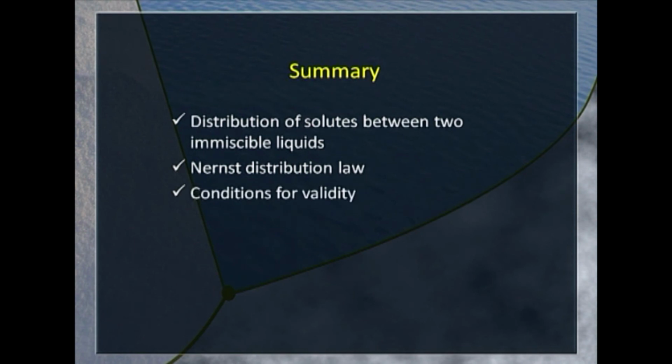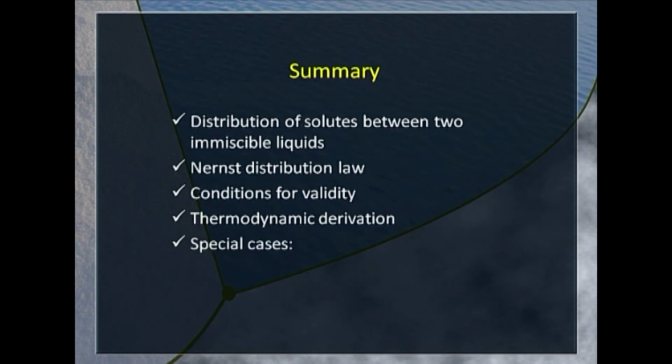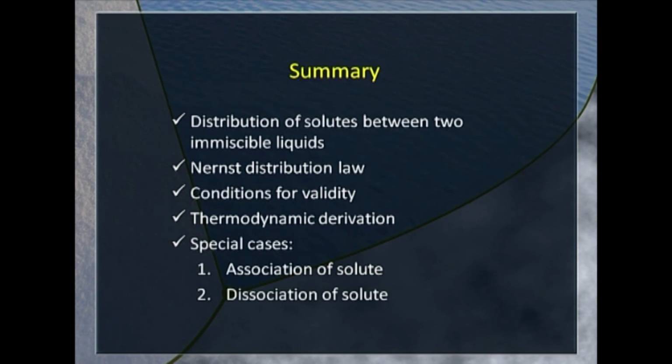That means the conditions of validity have to be met for the successful application of Nernst's distribution law to any system. Then we looked at the thermodynamic derivation of Nernst distribution law. There are special cases. Two of the special cases we have seen: association of the solute in one of the phases and dissociation of the solute in one of the phases.